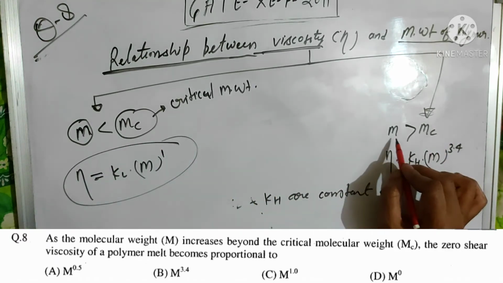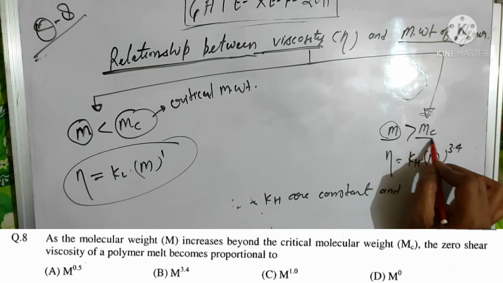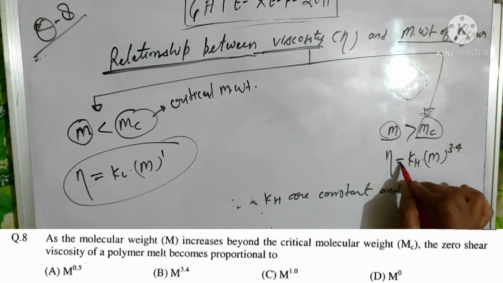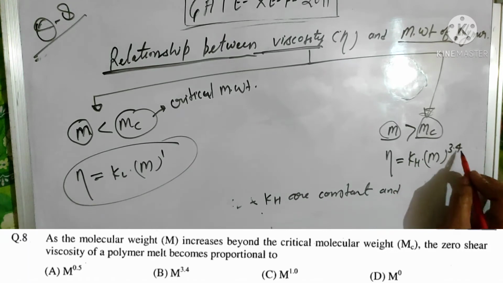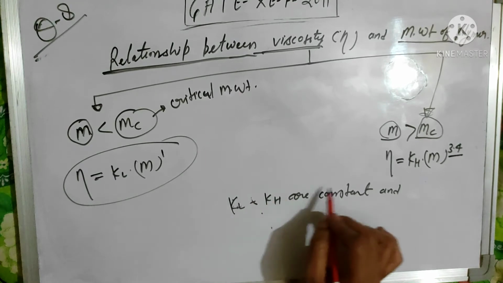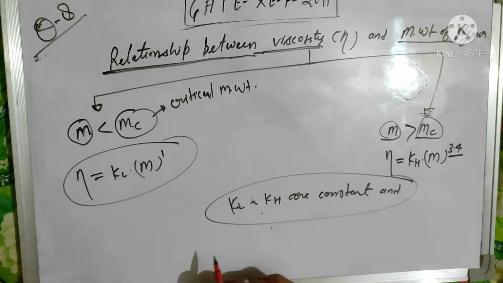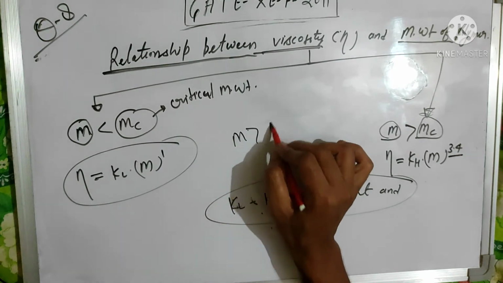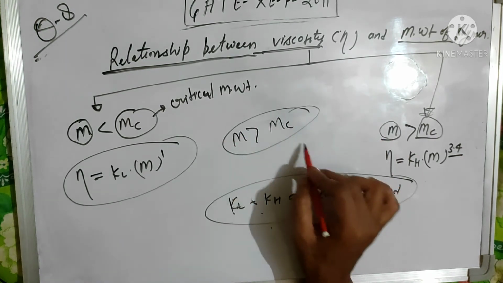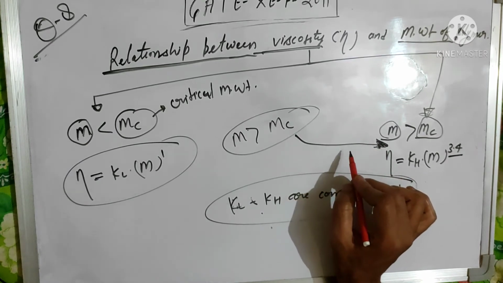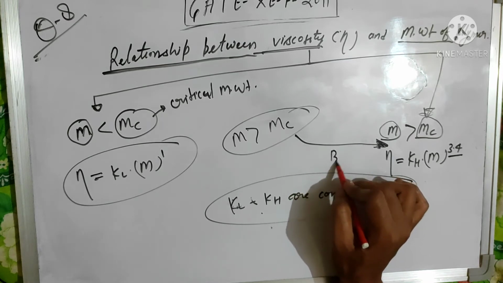But when the molecular weight M is greater than the critical molecular weight, in that case the viscosity is η = KH × M^3.4, where KL and KH are constants. In the given question, the molecular weight of the polymer is greater than the critical molecular weight, so this formula is applied. So the correct option is B.